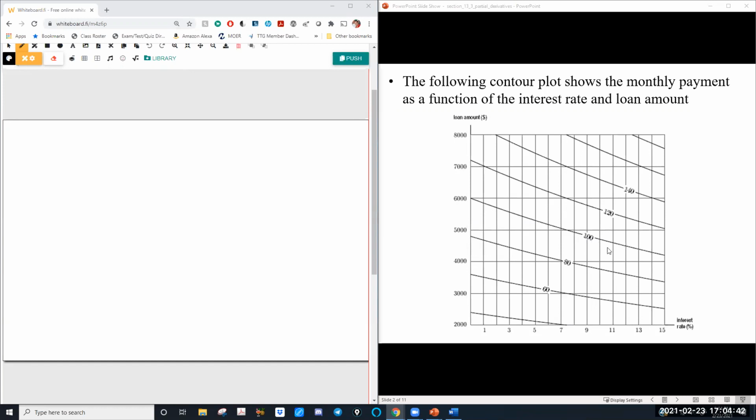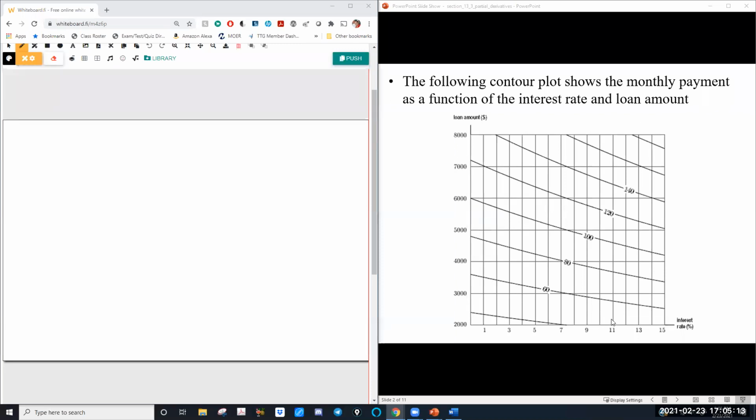All right. Now, what we're going to look at with partial derivatives is if we hold one of the variables constant, what is our rate of change in the other direction? So in other words, let's say we hold our loan amount constant. Maybe we hold it at $3,000. A partial derivative would look at how our payment increases or decreases given a change in our interest rate.